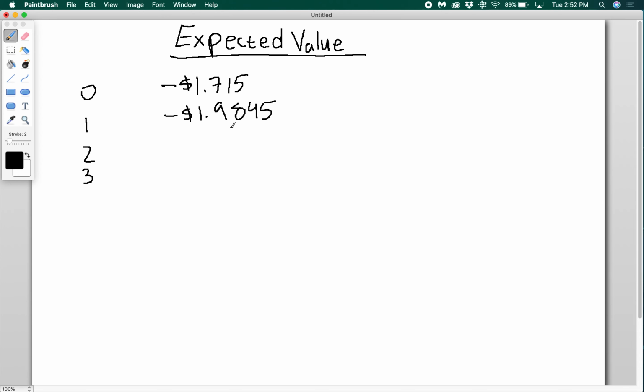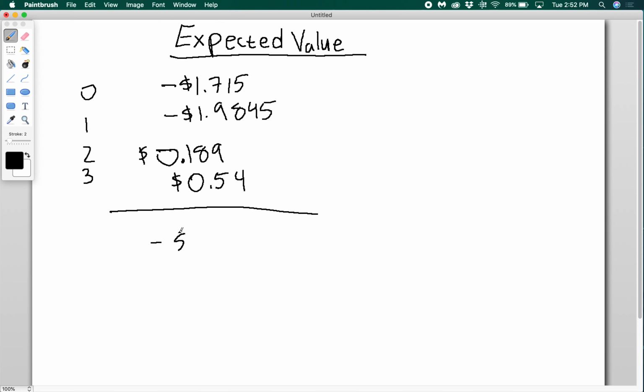We'll round at the very end to cents. For now, we're going to keep it to try to make sure our final answer is as accurate as possible. And then I get 0.189. And I get 54 cents. And when I add all these up, I get negative $2 and rounding 97 cents. So what this means is that I'm losing almost $3 every time I play this game. So this is not a game that I would want to play.